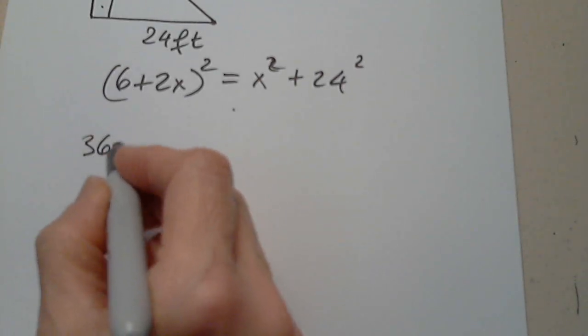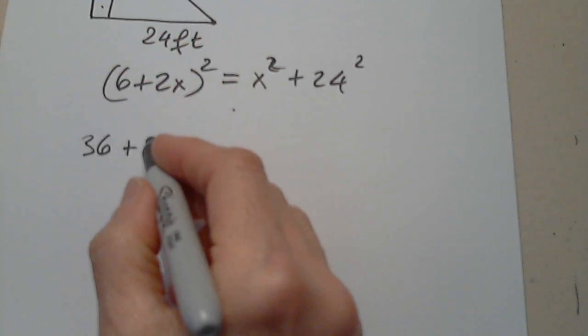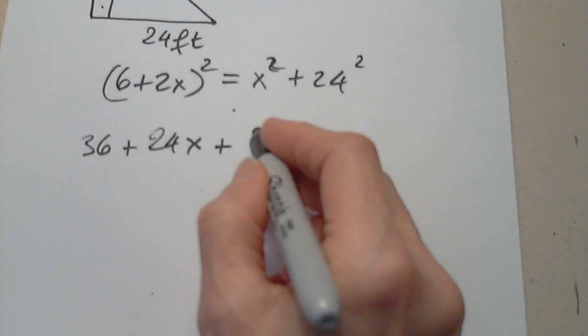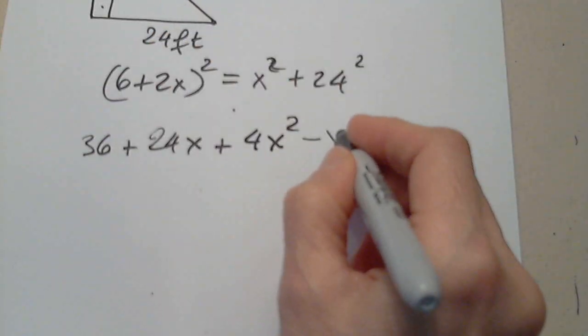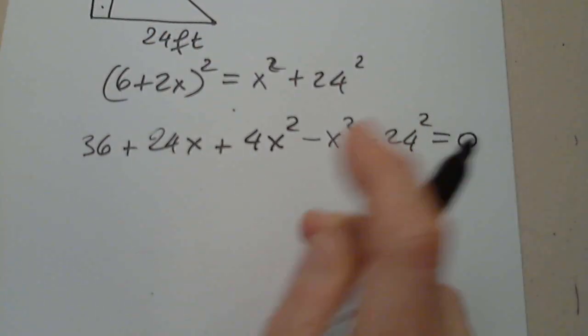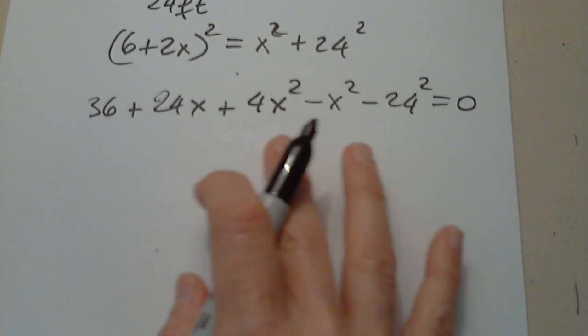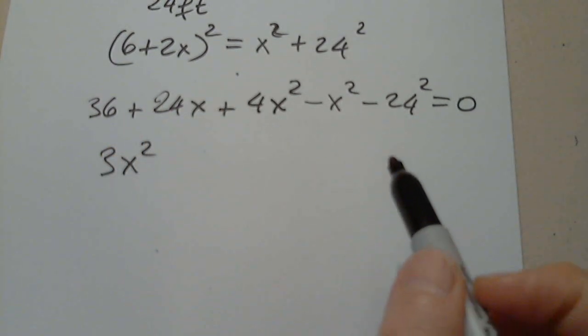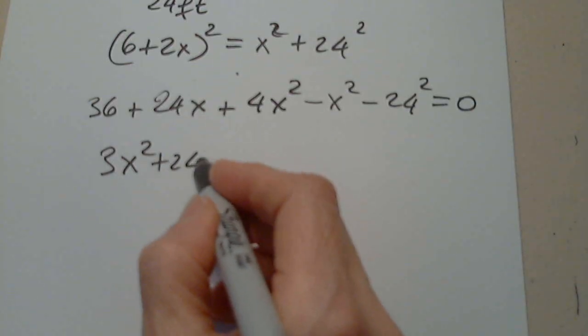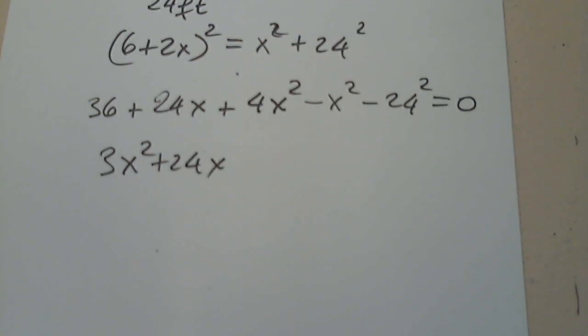The first term squared, 2 times the first times the second, plus the second term squared, minus x squared, minus 24 squared equals 0. 3x squared plus 24x. And I want to calculate directly this 36 minus 24 squared. Negative 540.